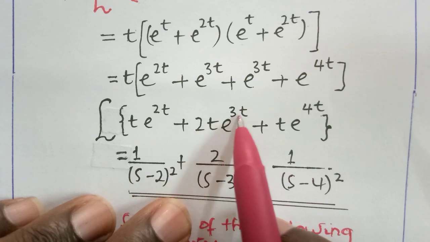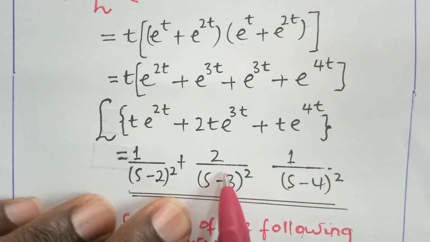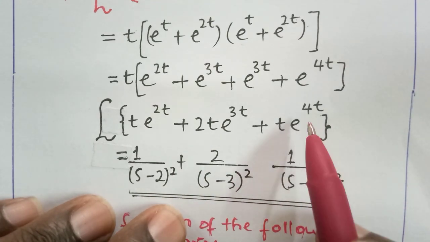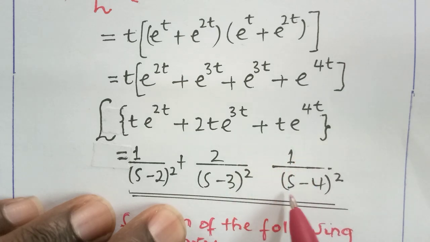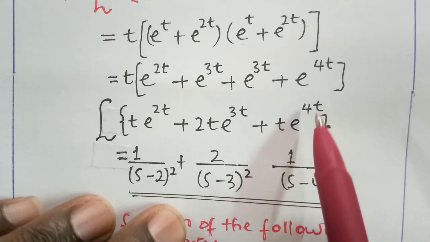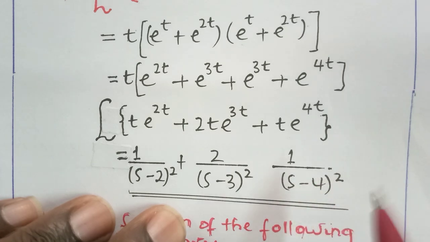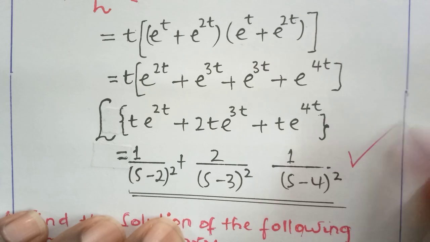But now we have to accommodate this by use of the shift theorem, and that's where we subtract 3. The same case happens to this one, because this t will still be 1 over s squared. But to accommodate this, according to the shift theorem, this one will now be negative. And so this marks our answer for that.